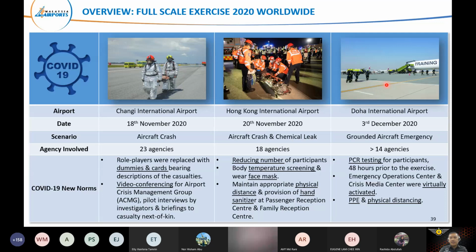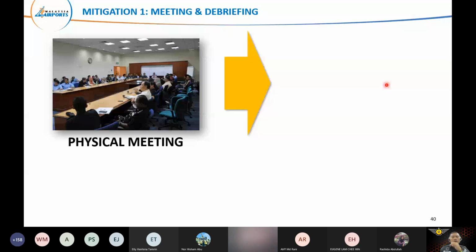But still, as I mentioned before, the new cases are still at 6,000. We will see what the progress is in the next 2 months. So what can we do in organizing a full-scale exercise despite this COVID-19 situation?